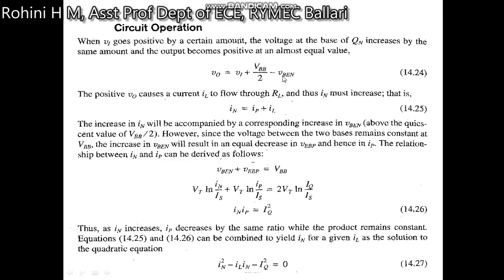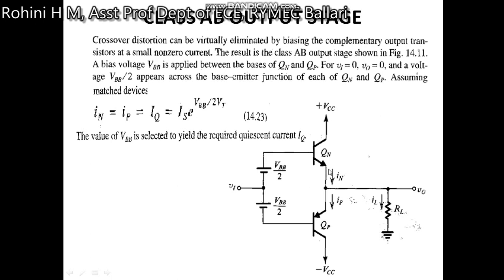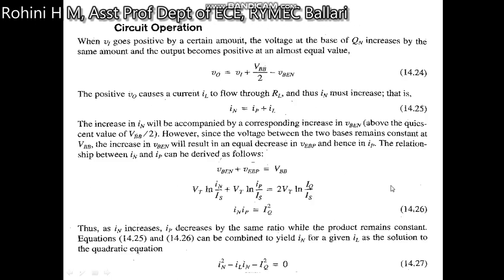VBE of N transistor. The positive voltage Vout causes the current IL to flow through the RL, and thus IN must increase, that is, the current IN is equal to IP plus IL. IN current is given by IP current plus IL current.